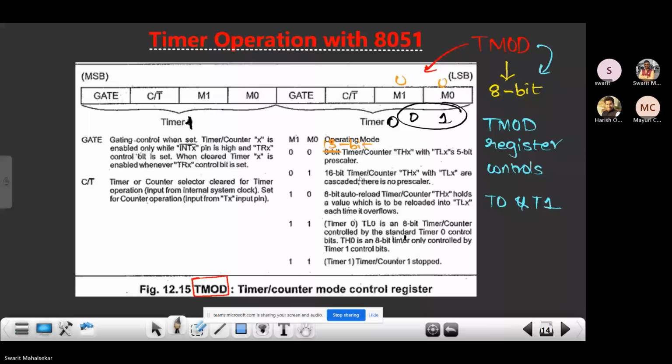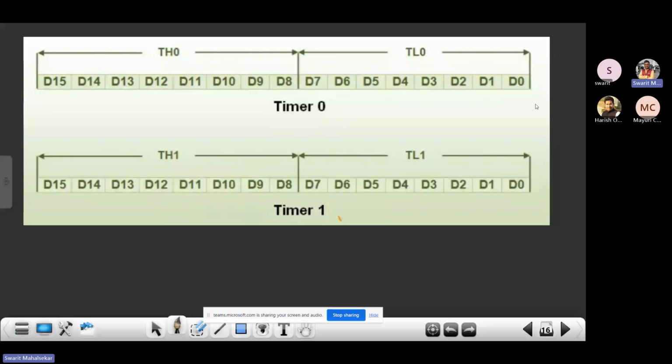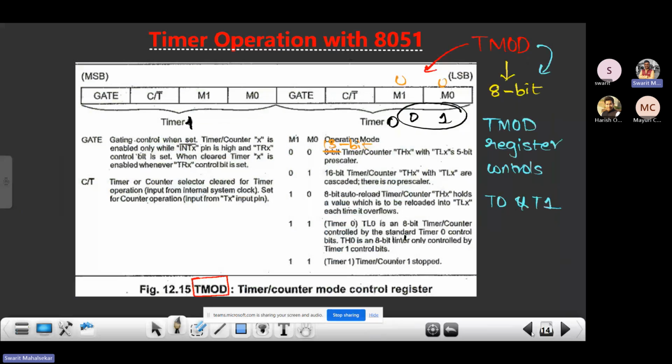That means we are going to use all 16 bits, from D0 to D15, of timer 0. Obviously it depends on which timer we use. As of now, I'm just focusing on timer 0. If you are focusing on timer 1, you can use timer 1 as well. You can clearly see the same bits are available: M0, M1, CT bar, gate.